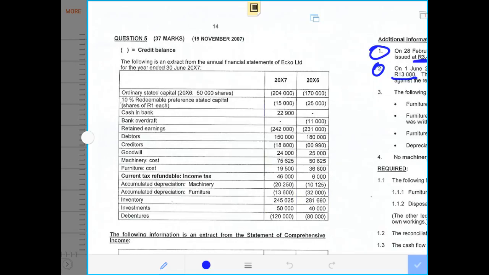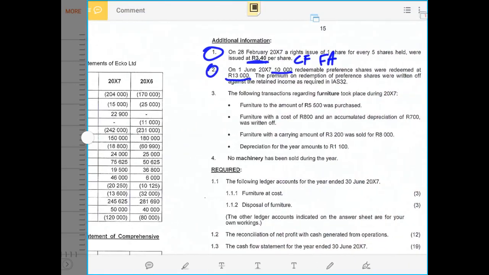The second line item says 10% redeemable preference stated capital, shares at 1 Rand each. That means these shares were issued at 1 Rand, and now they are redeemed. We see that we redeemed 10,000 preference shares that were issued at 1 Rand each.